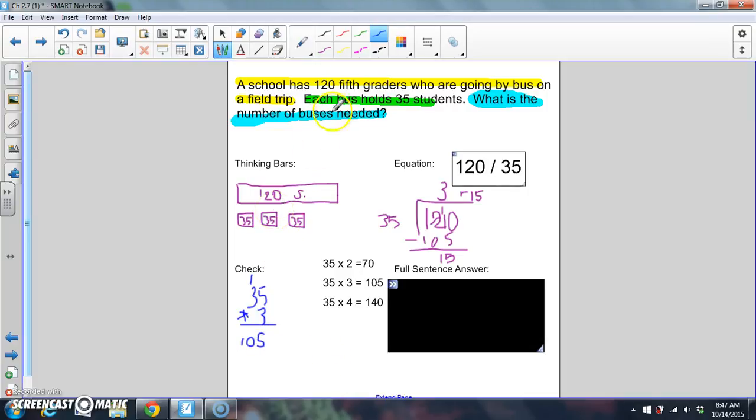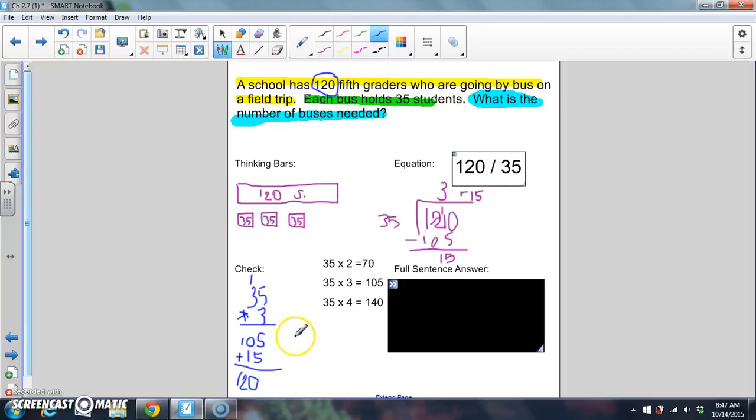Now we started and we talked again about how we had 120 fifth graders. So we did have a remainder of 15. So let's add this together to make sure, first of all, our math makes sense. And that does equal 120.